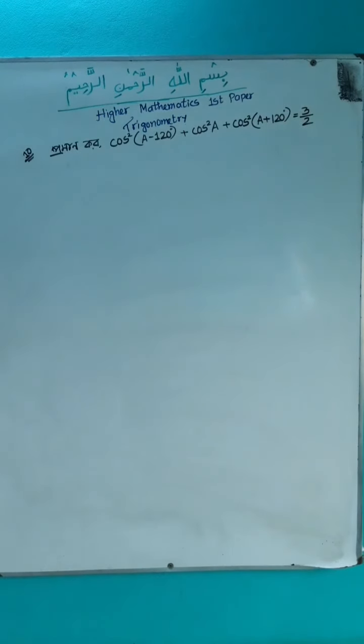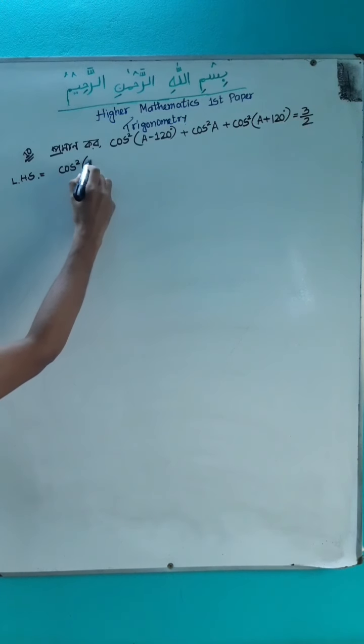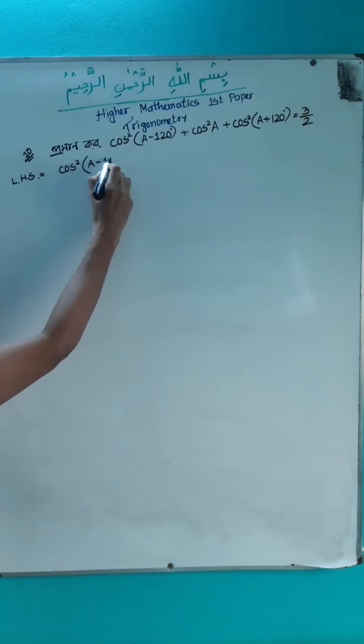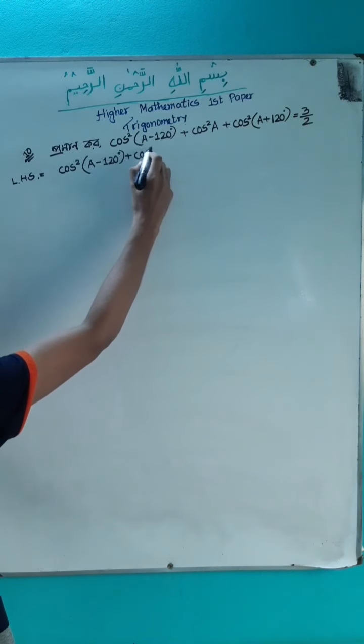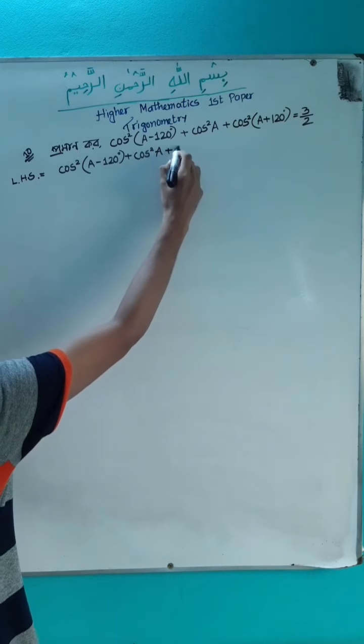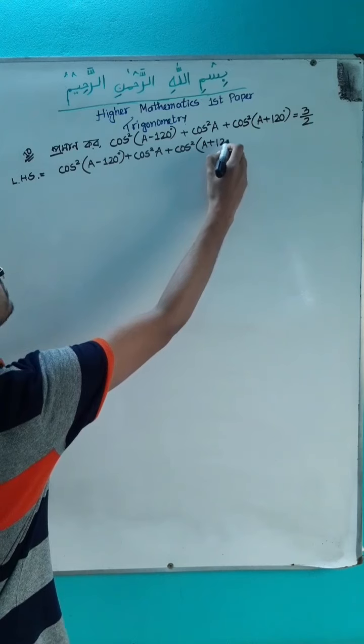This is our third math. So we'll start from the left hand side. Written cos square (a minus 120 degree) plus cos square a plus cos square (a plus 120 degree).